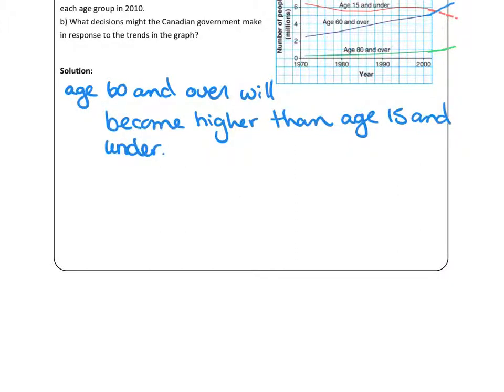So what does that mean? That means there's going to be less children, more people who are in the retirement age. Less children.